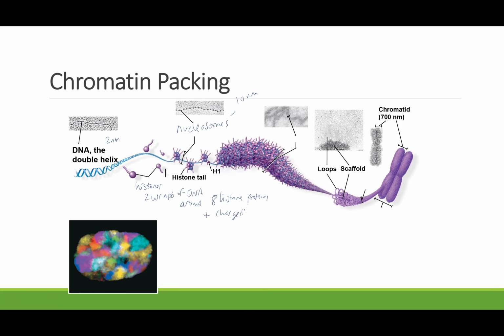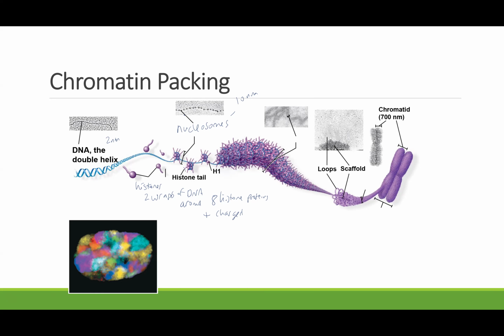DNA has an overall negative charge. So that electrical attraction helps to keep them tightly wrapped. Then they have these histone tails that stick out, and those can be modified when genes are expressed, which we'll talk about in chapter 18.